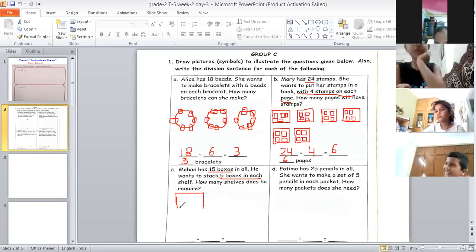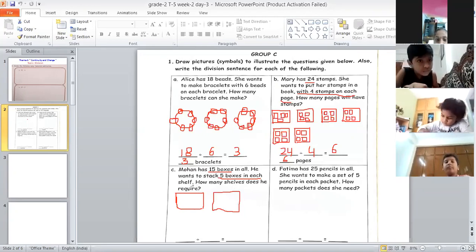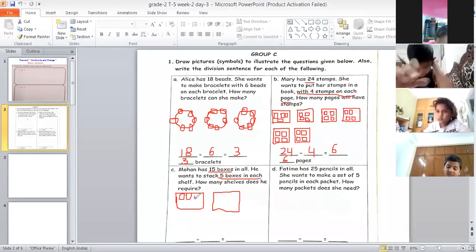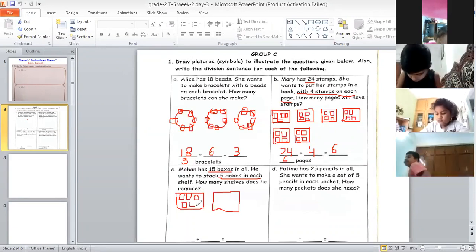I repeat, I am using a cursor here. You are using a pencil. Your work should be neat and clean. Don't compare your work with mine. Fine. So we have made here 2 shelves, and in one shelf, how many boxes should be there? 5 should be there. So let us start making 5 boxes in each shelf. 1, 2, 3, 4, and 5.